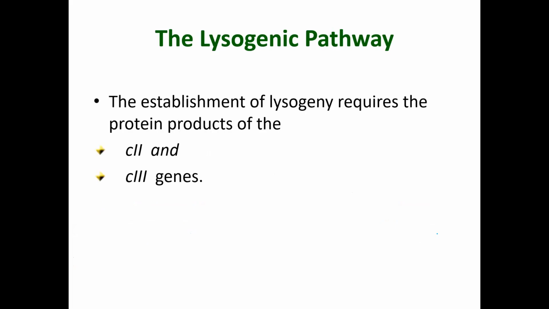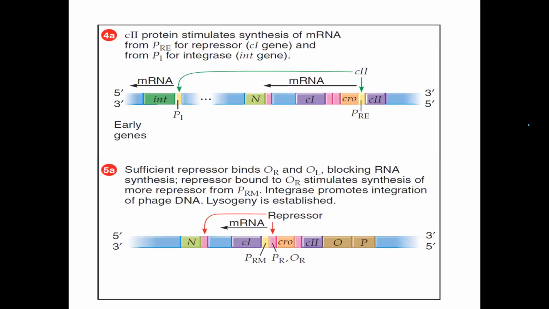Let's see how the lysogenic pathway is established. The establishment of lysogeny requires the products of C2 and C3 genes. So C2 protein is stabilized by C3, and the C2 protein itself is made because of action of the N protein.